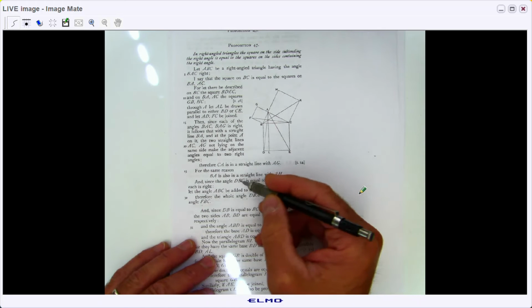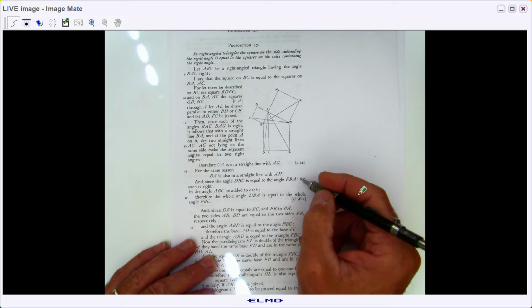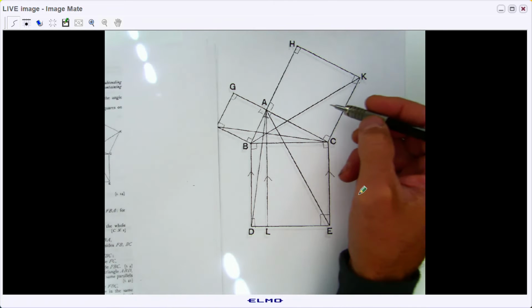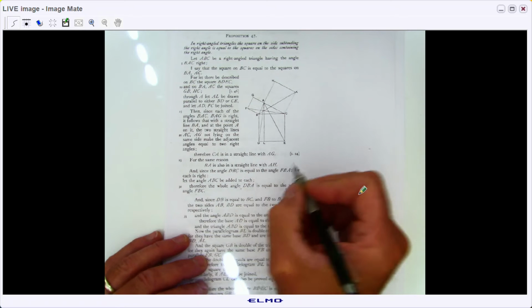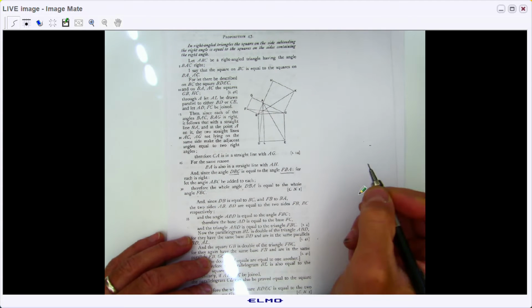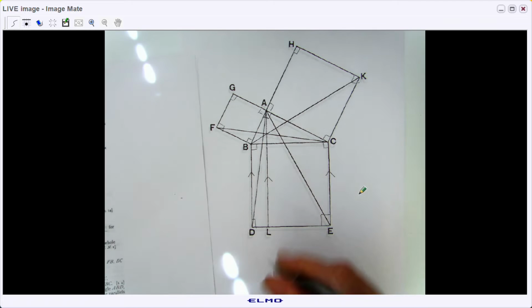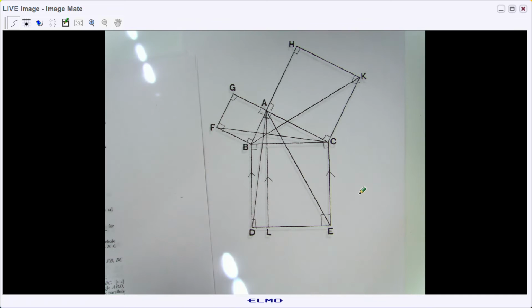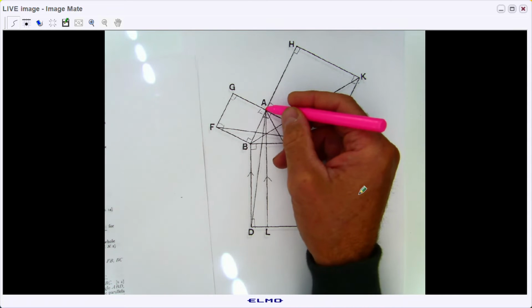And since the angle DBC is equal to the angle FBA, for each is right, let the angle ABC be added to each. Let's be careful here. DBC and FBA, each is right. DBC is this one, and FBA is this one, he says they're each right.